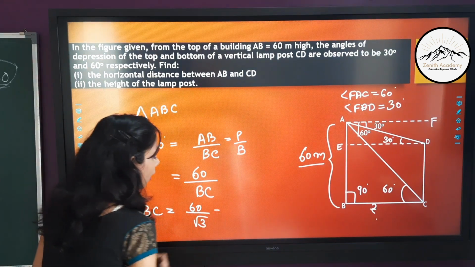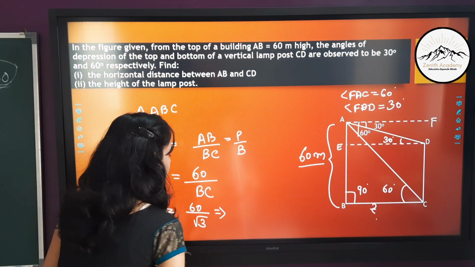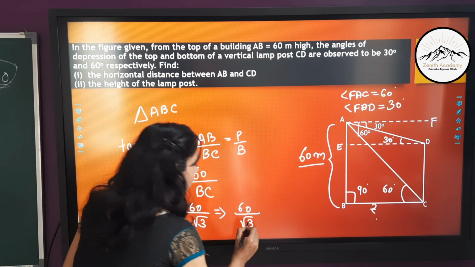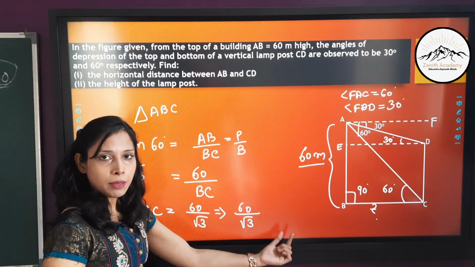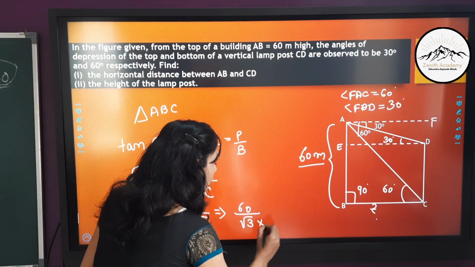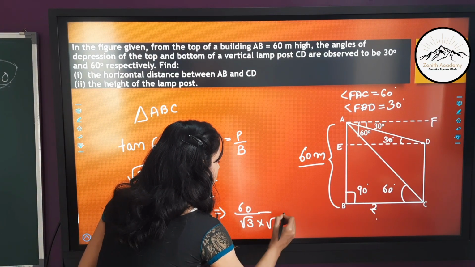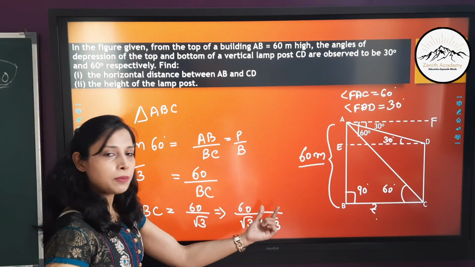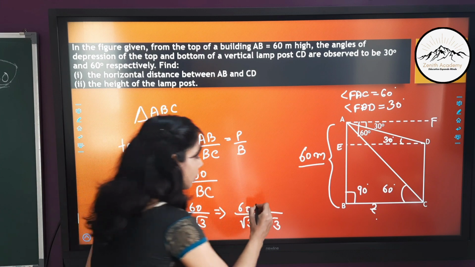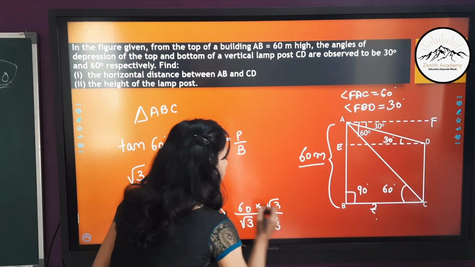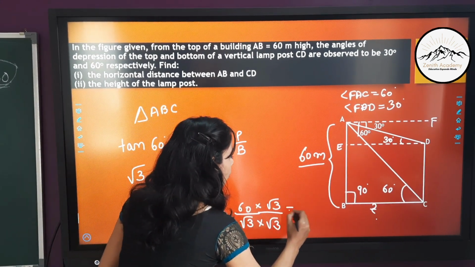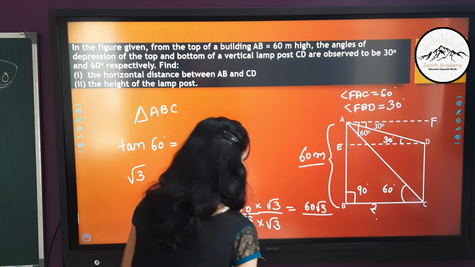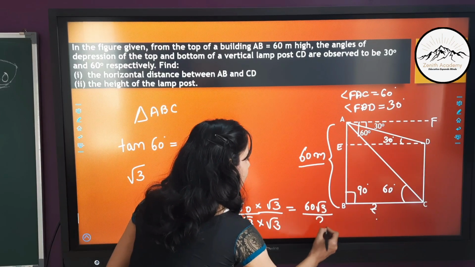So how can we do that? We can rationalize it by multiplying by root 3. So it will give us the whole number 3. And if we are multiplying root 3 in the denominator, we need to multiply this in the numerator as well, because this is the rule. So now what will be the answer? 60 root 3 upon root 3 into root 3 will give us 3.